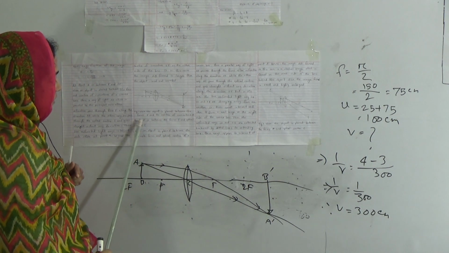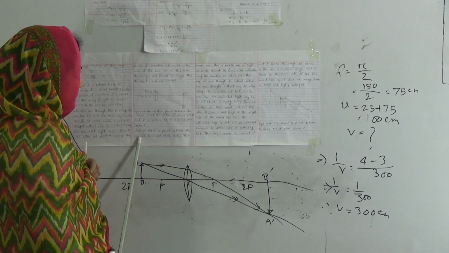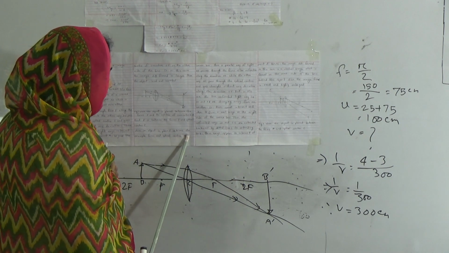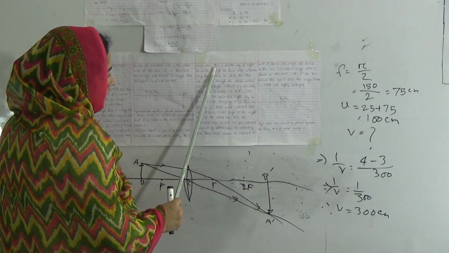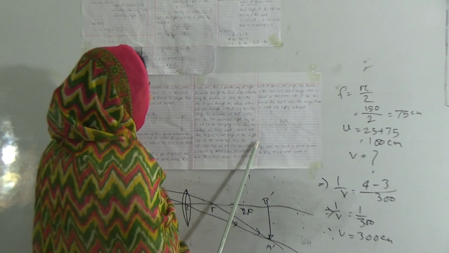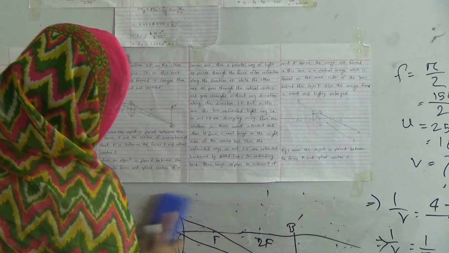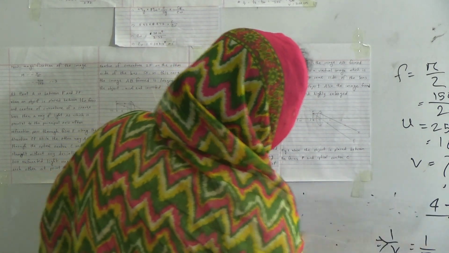When an object is placed between the principal focus and optical center of the convex lens, then the parallel ray of light AO passes through the focus after refraction along the direction of OX. My dear students, now I will draw the next figure.